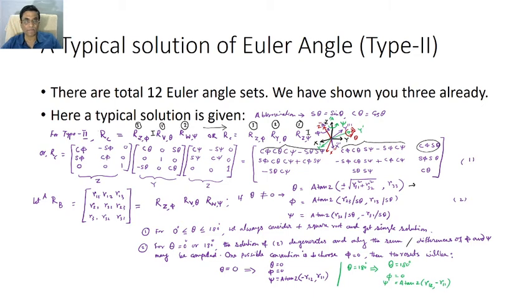Here operations are given sometimes with respect to the principal axis, sometimes about the body coordinate frame, and so on. And how the composite rotation matrix can be obtained, as I told you in my earlier lecture: just put a unit matrix, 3 cross 3, and then if the operations are given with respect to some of the principal axis of the body coordinate frame, then pre-multiply in the same order.